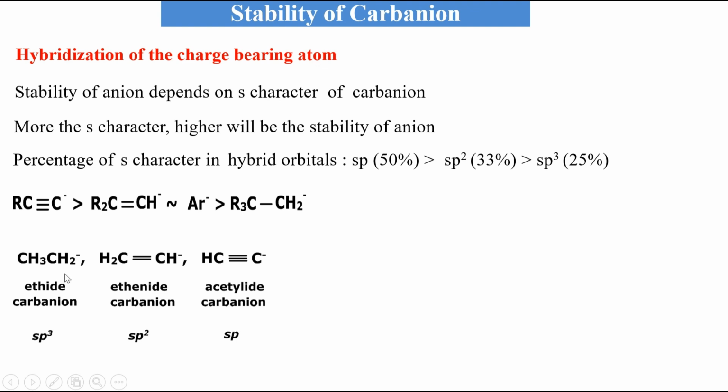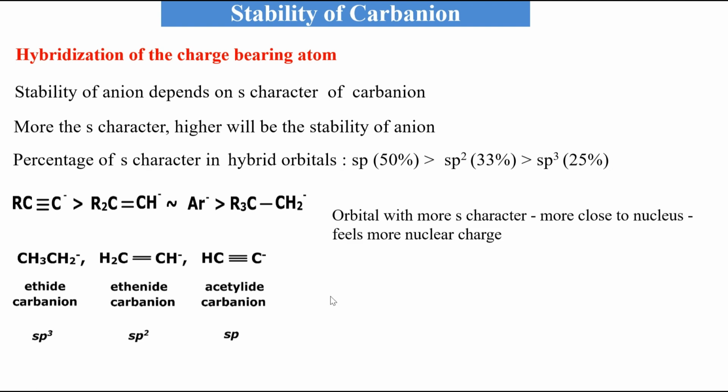In the ethyl carbanion, the carbon is in sp3 hybrid form. In the ethenyl carbanion, the carbon is in sp2 hybrid form. In the acetylene carbanion, the carbon is in sp hybrid form. As the S character increases, the carbanion stability increases.